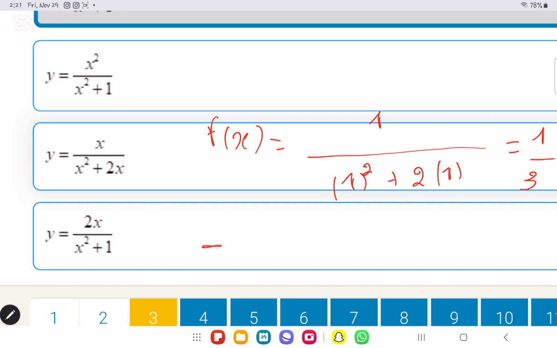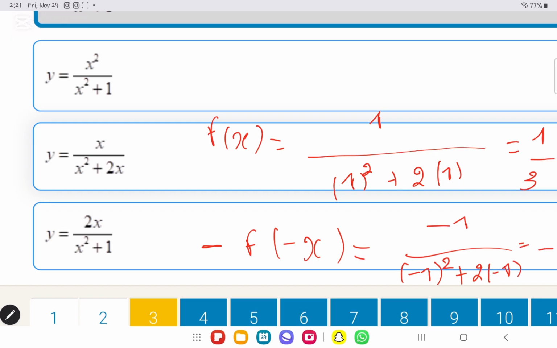Now minus f minus x is equal to minus 1 over minus 1 squared plus 2 times minus 1. And this is going to give us minus 1 over minus 2, which is then 1 over 2. And as you can see, this and this are not equal. So that means this is not an answer option.